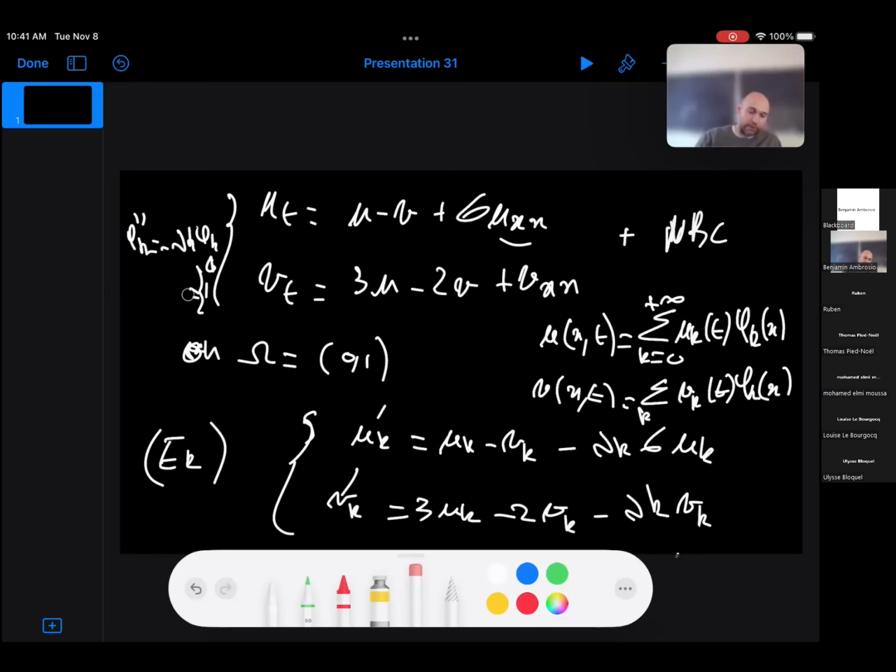The integral between v_k and v_j is 0 if k is different from j, and it's 1 if k equals j, so we can write it with the Kronecker symbol. And v_k prime at 0 equals v_k prime at 1 equals 0.